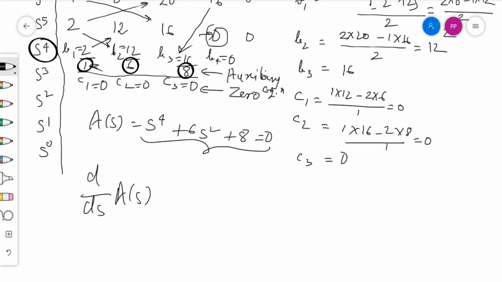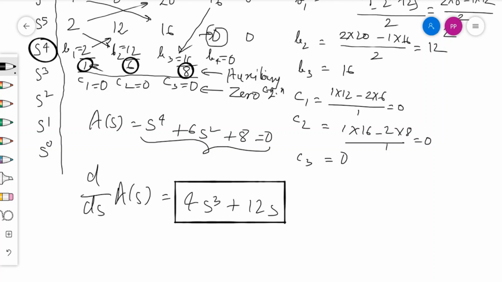So d by ds of A(s) gives us 4s cube plus 6 into 2, 12s, which will give us the coefficients for the 0 row. So c1 equals 4 and c2 equals 12.